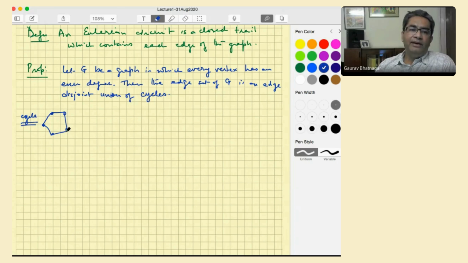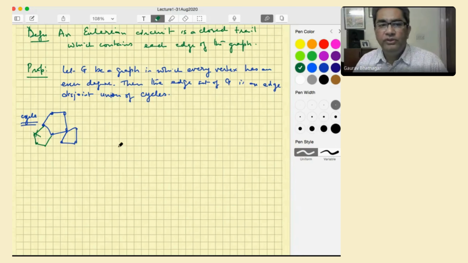And then you could have other graphs. So if you have something like this, this is what he wants. He doesn't want this guy. Here there is a problem. There is an odd thing. So this is not allowed. This is what he wants.